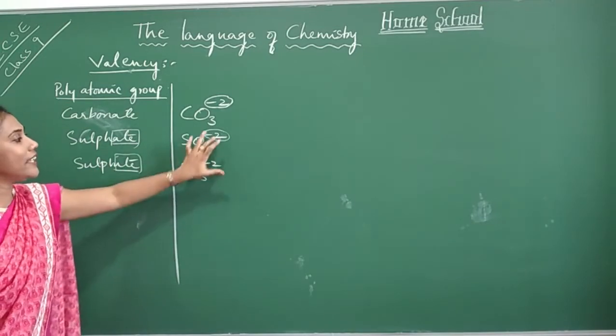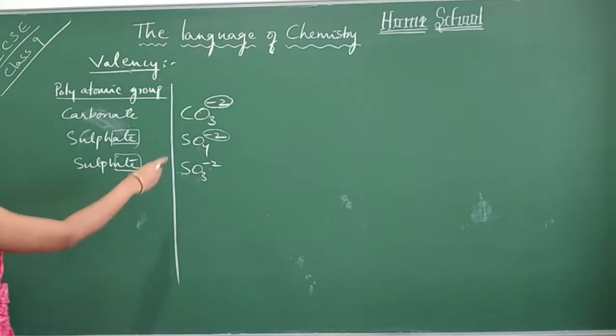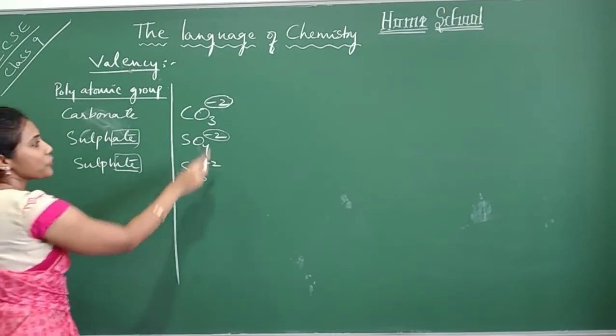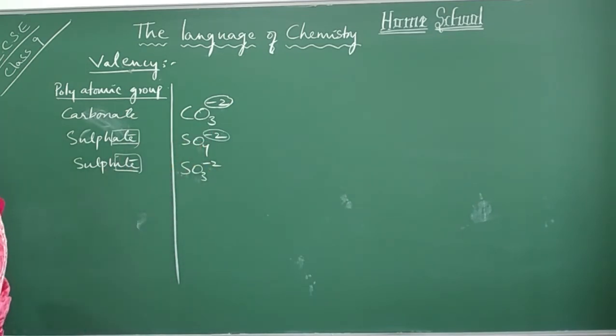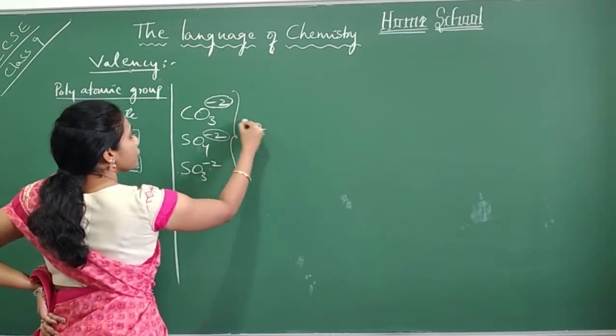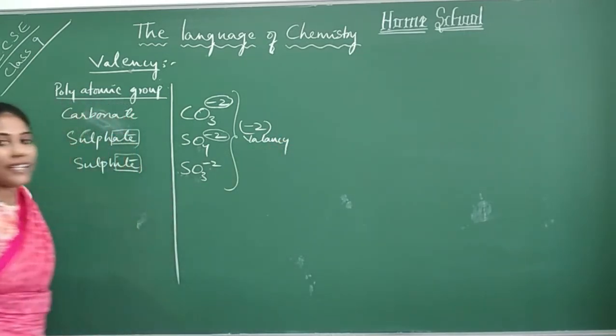Both of them have valency minus 2 only. These are some important polyatomic groups which show minus 2 valency.